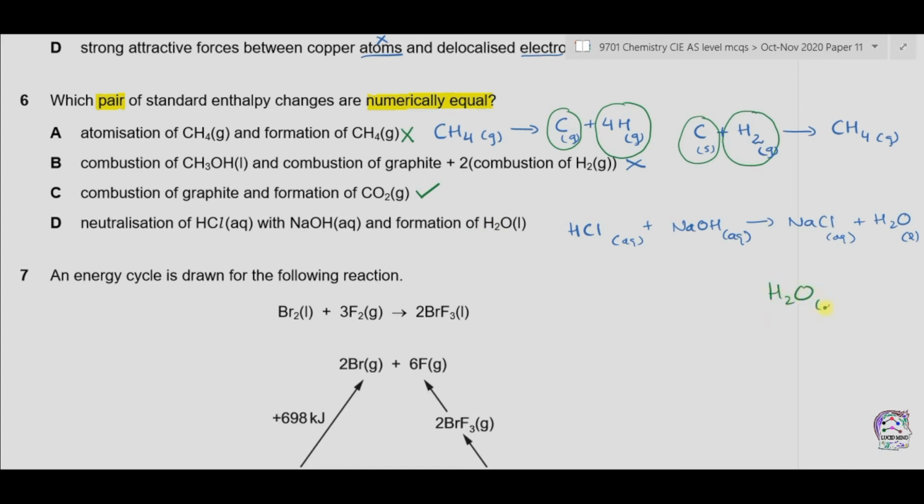So H2O liquid will require the elements hydrogen and oxygen in their standard states. Now we can see that in both reactions the same number of moles of water are being formed, but we have different reactants. For neutralization we have HCl, NaOH and sodium chloride is also formed, so therefore the values will be numerically different. So it is incorrect. The answer is therefore C.